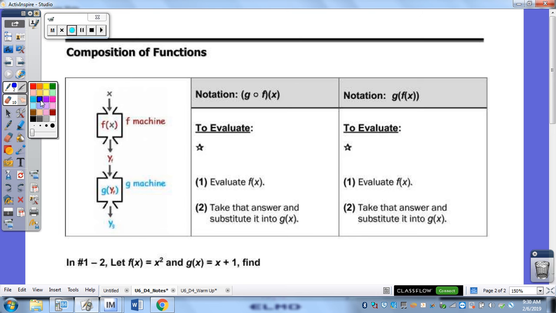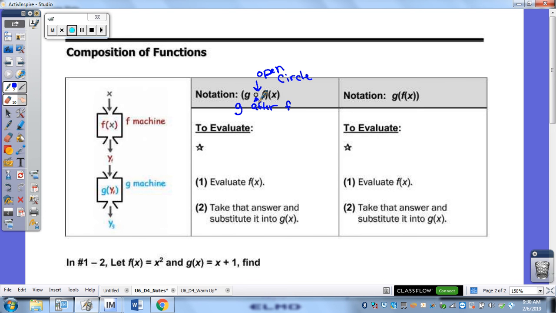So our notation for it, as I said, we have 2 different ways. You've got this little funky open circle thing here. That's a little open circle. That's one way of writing our compositions. So what that stands for is you would do the g function after the f function.